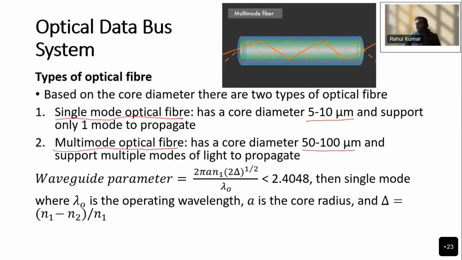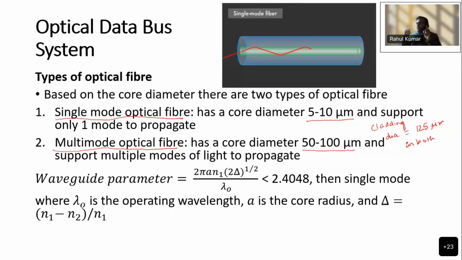The cladding diameter in both cases is 125 micrometers. The key difference is in the diameter of the core.